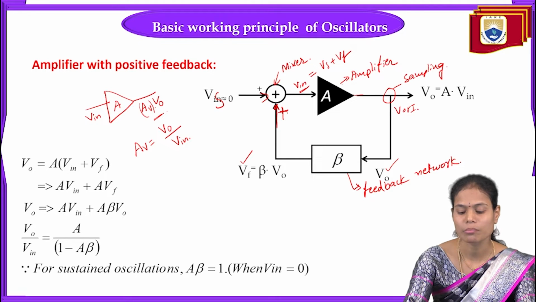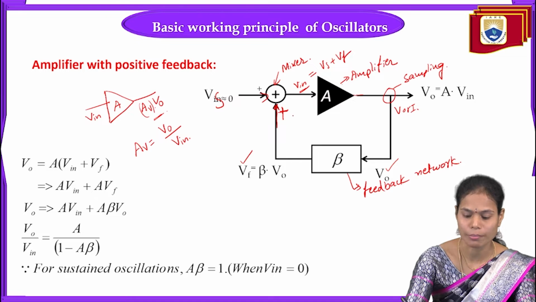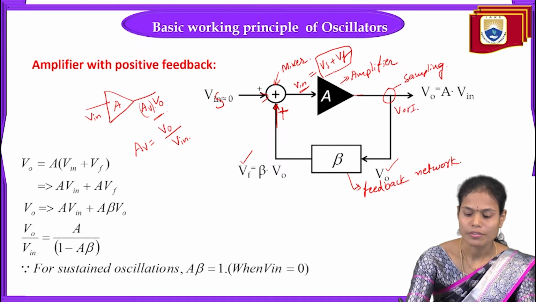If it is negative feedback, we have to indicate it as minus. But in an oscillator, in most cases we utilize positive feedback only. So the overall input voltage is the sum of the supply voltage plus the feedback voltage.